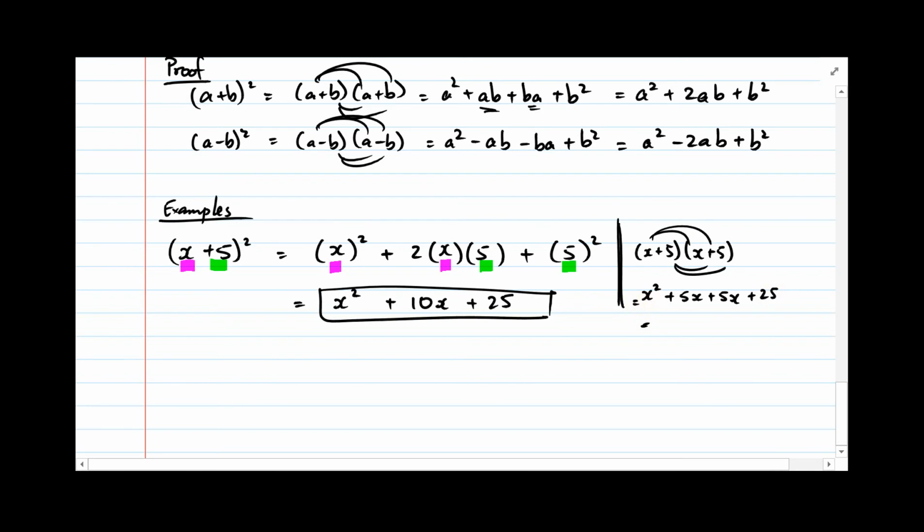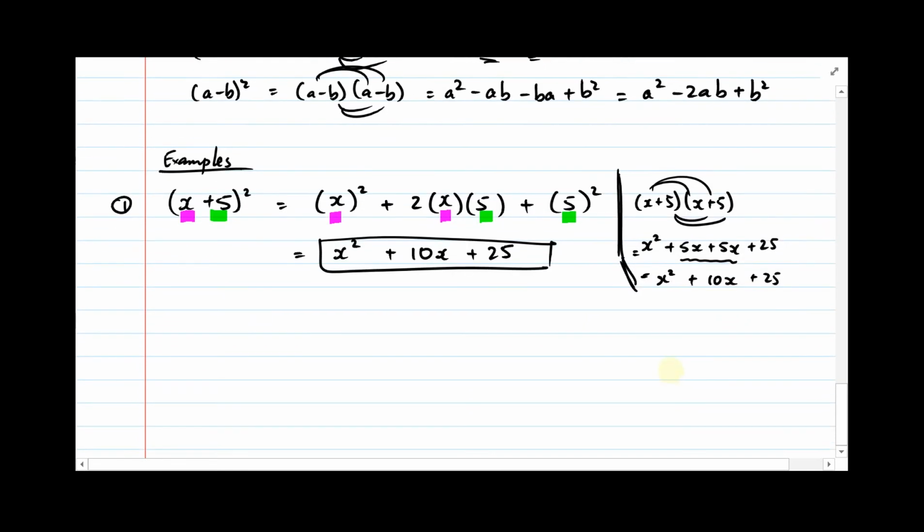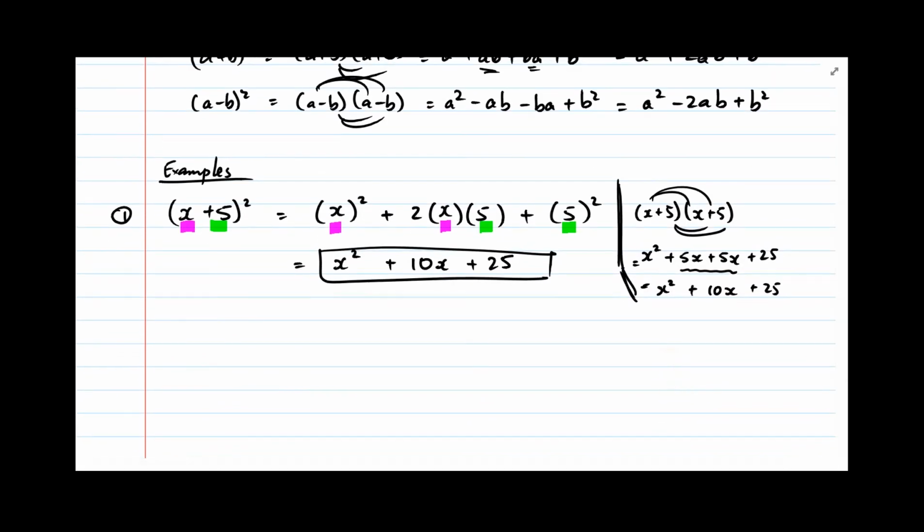What I'm doing here, I'm using my FOIL method, and you will see that indeed I got the same answer as before. But the higher you go in math, it's not the answer that is as important, it's more learning the methodology, because essentially we're trying to master our tools and proceed.